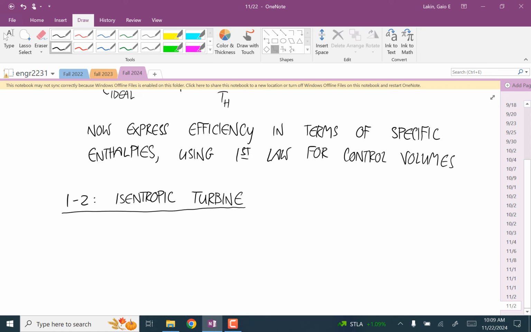Okay, so I'm going to start each one of these with the full control volume first law, and then we're going to cancel stuff like we have been a lot.